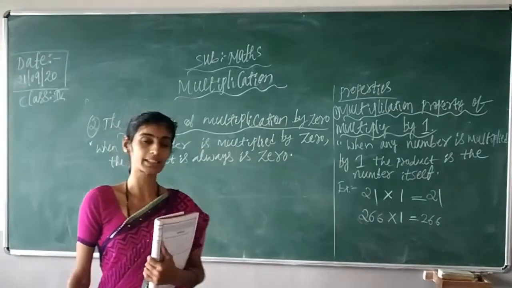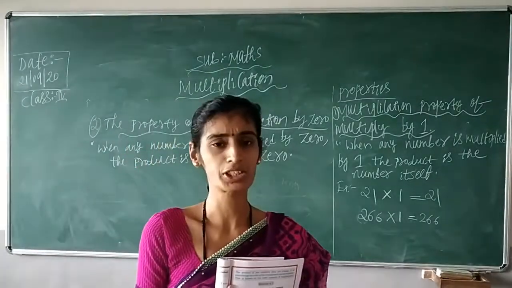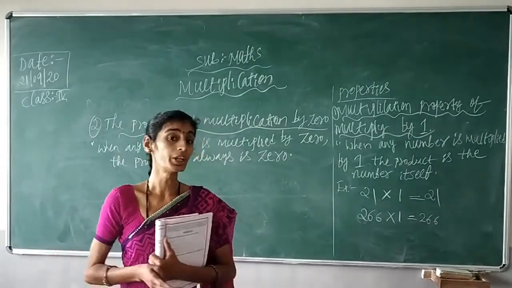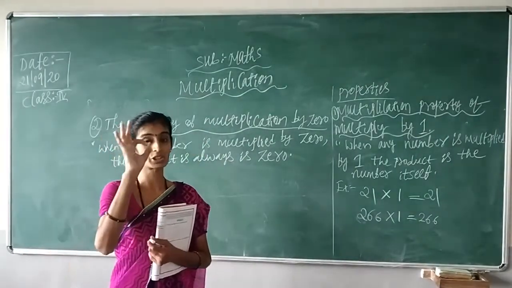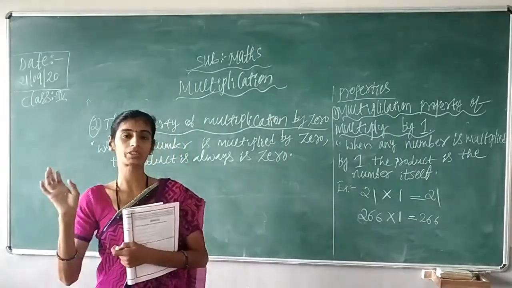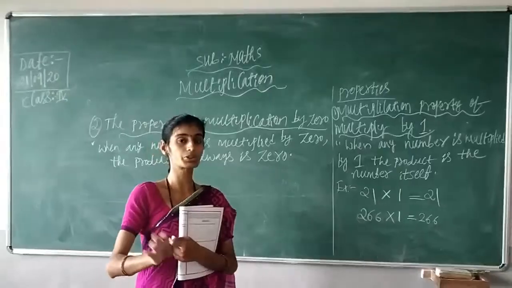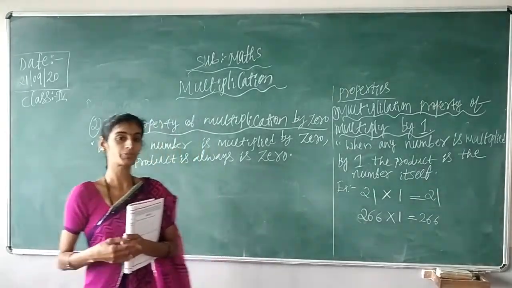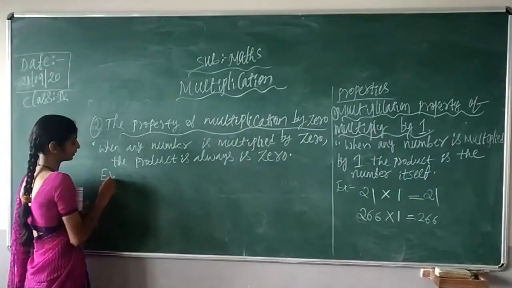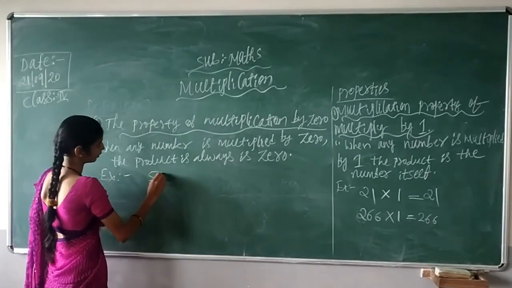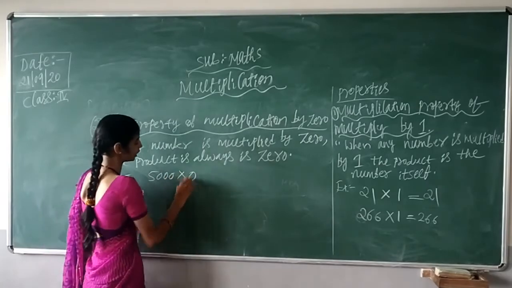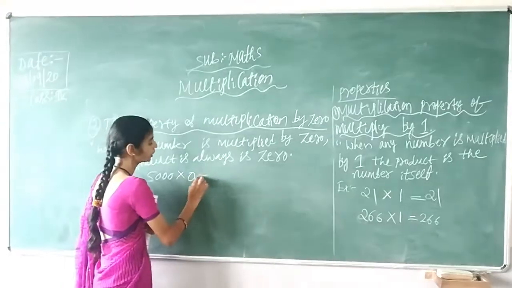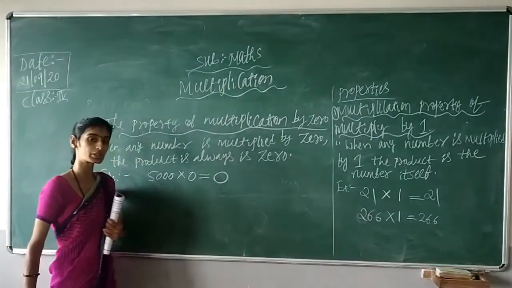So what is the second property, children? It is very simple. Any number, if you multiply with 0, your answer will be 0. You can take any number, children, in lakhs, in crores, in hundreds, in thousands. For example, 5,000 into 0. Your answer will be 0.